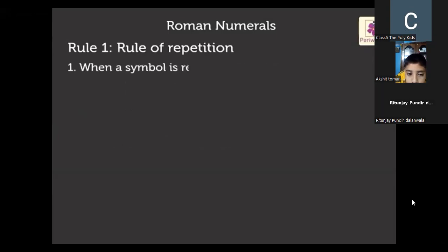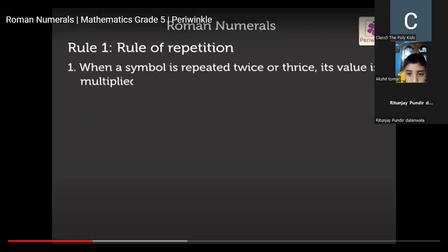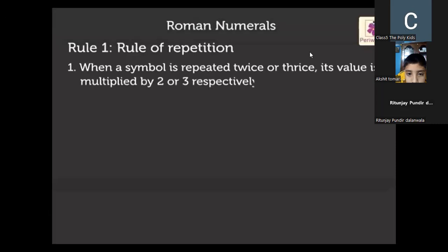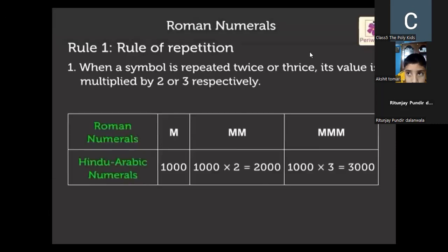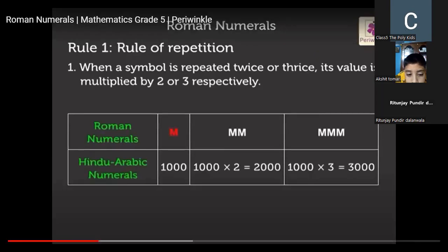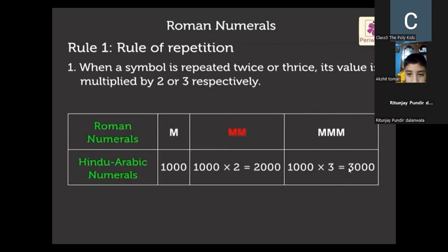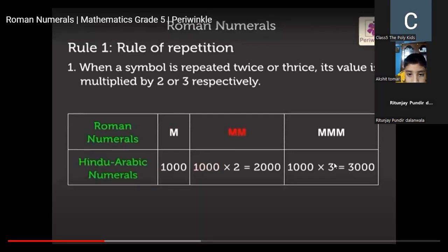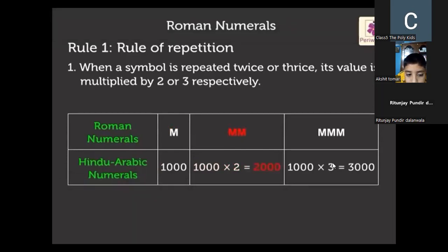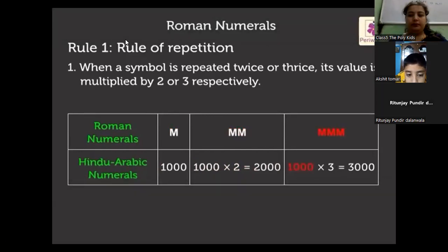When a symbol is repeated twice or thrice, its value is multiplied by 2 or 3 respectively. For example, M is equal to 1000. MM is equal to 1000 multiplied by 2 is equal to 2000. MMM is equal to 1000 multiplied by 3 is equal to 3000.